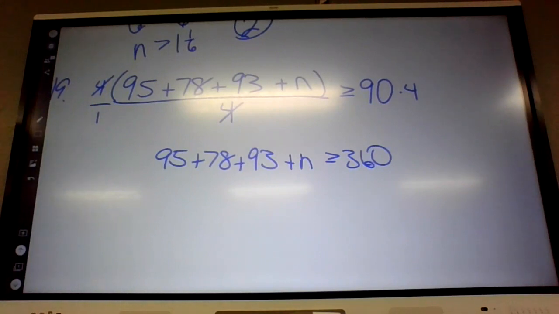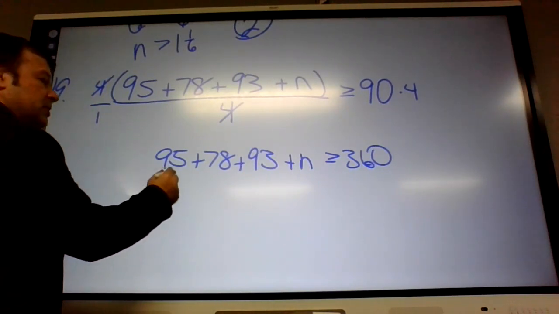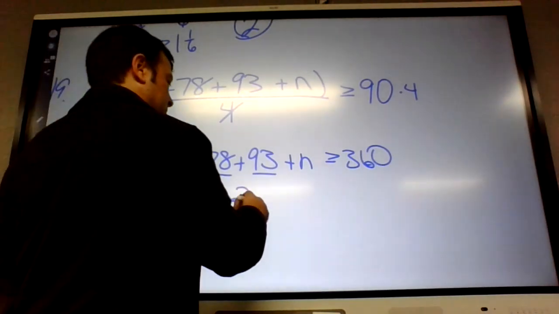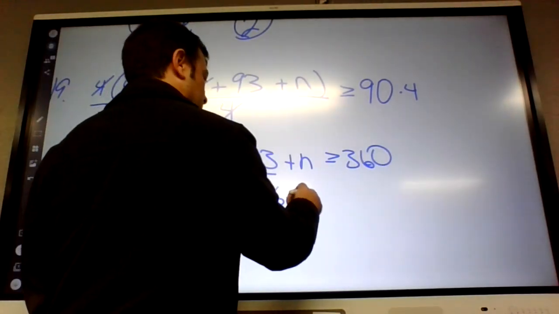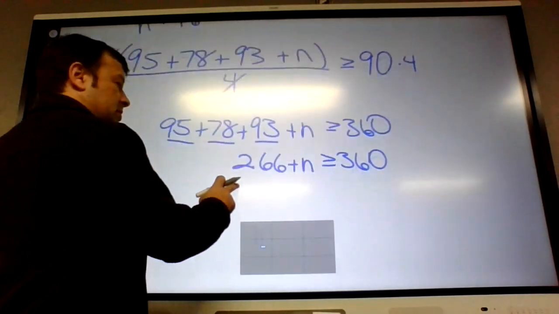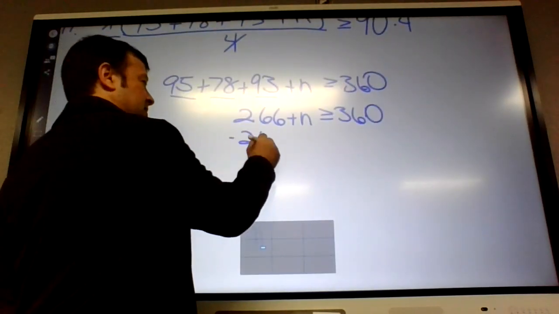Now it's looking simpler. So we can add all those together. What is that? 266. Now it's looking much simpler.